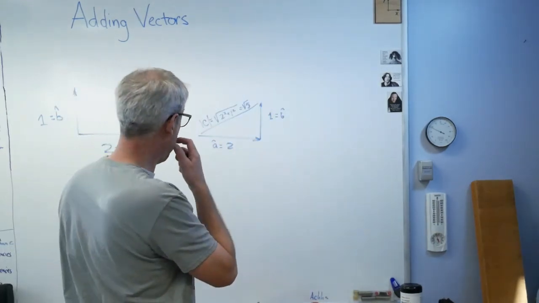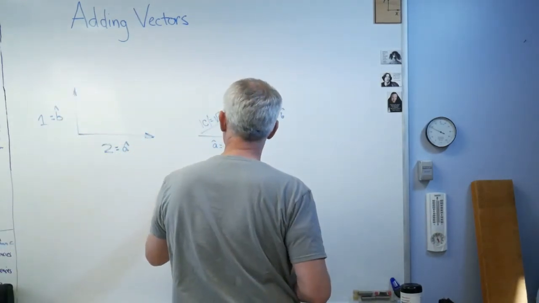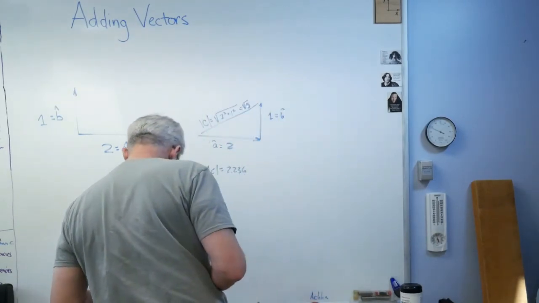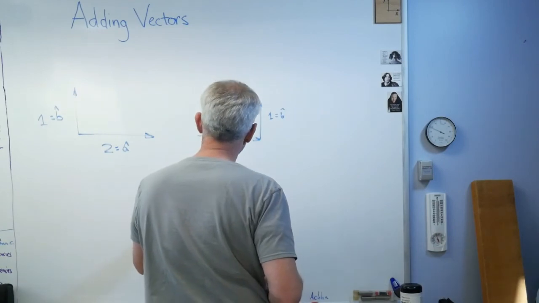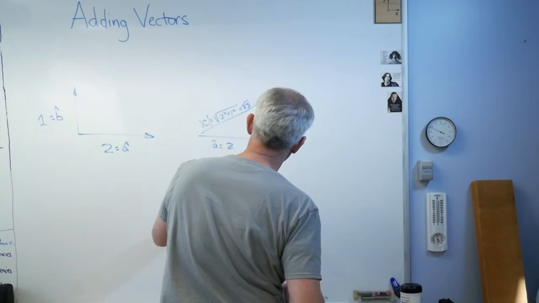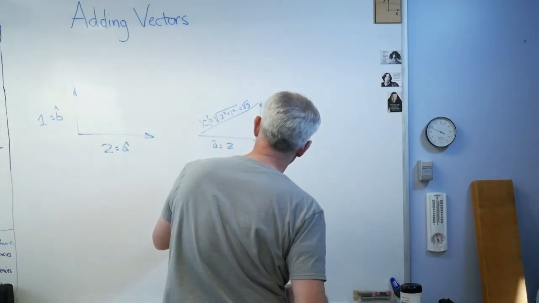All right, and so the magnitude of C is 2.236, I think. Yeah, 2.236. And theta is just the inverse tangent of 1 over 2.